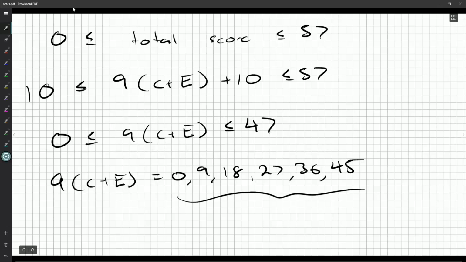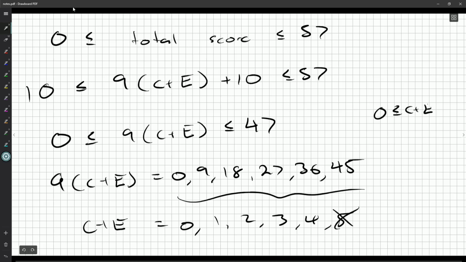Except, to get 45, you need C plus E to be 5, but C plus E is at most 4. Actually, let's write it that way: C plus E is 0, 1, 2, 3, 4.